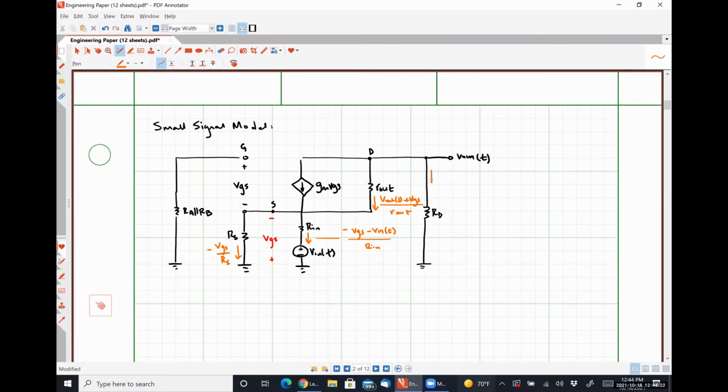And the current flowing down through my resistor RD is just V out divided by RD. So before we start rocking and rolling with this, anybody got any questions about how we got any of these currents? I'm just effectively going to apply nodal analysis to this problem.